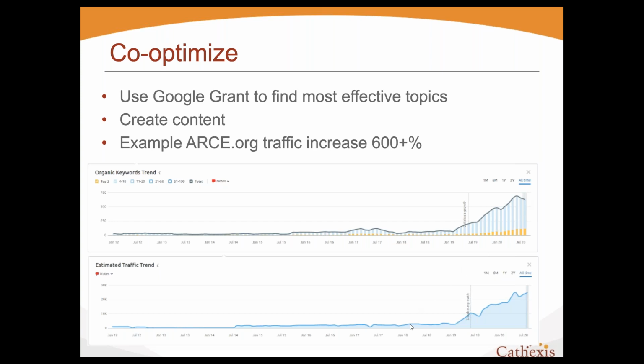So you can see that their organic search traffic went from maybe roughly 2,000 or 3,000 visits per month up to more in the range of 20, 25,000 visits per month. So a huge, over 600% change from following that process of co-optimizing between the Google grant and their organic search efforts.